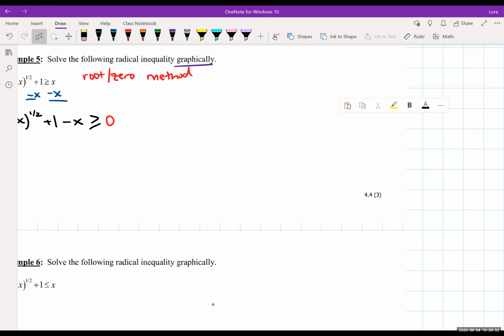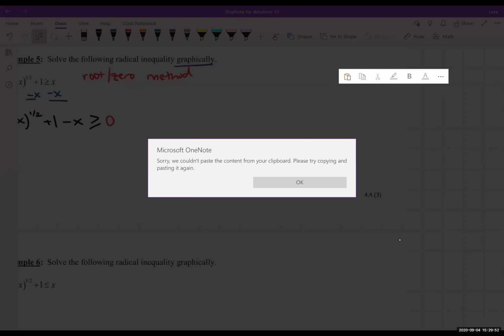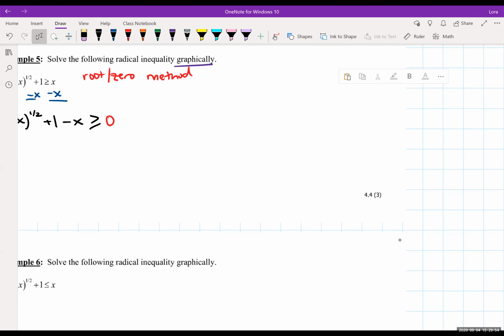Sometimes technology doesn't work the way it's supposed to, as you've guessed already. I'm going to go back, see if it will let me. Oh, I guess not.